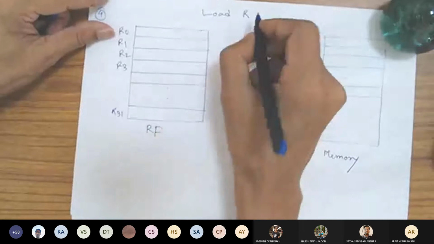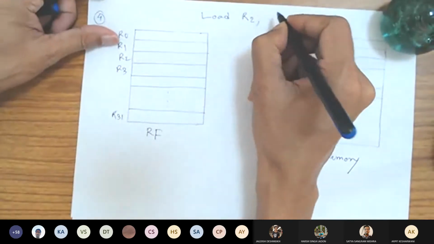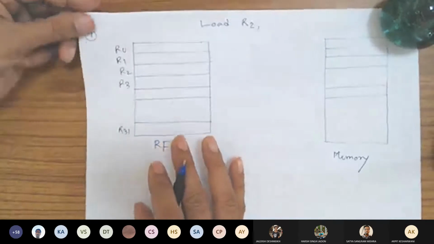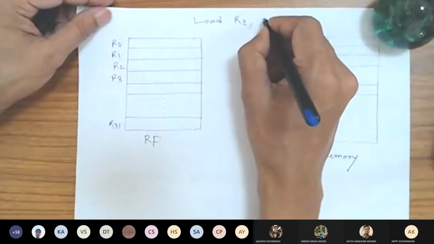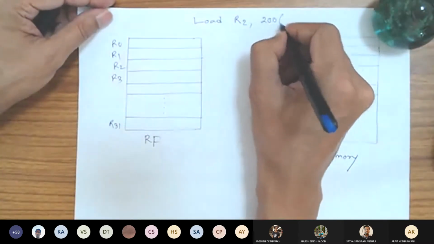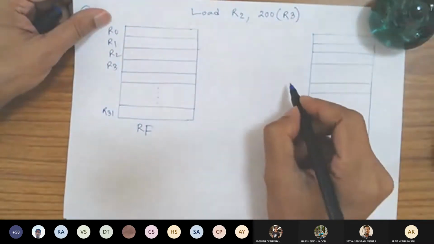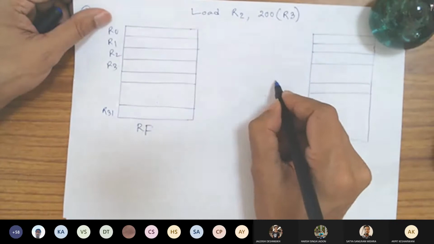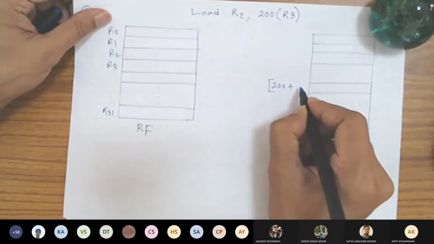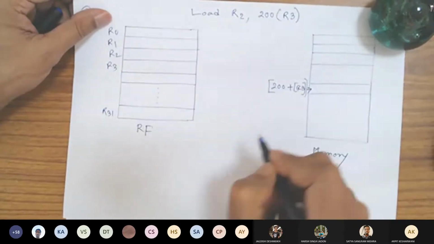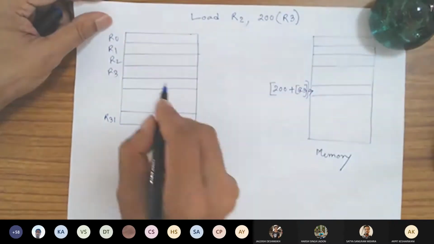I used R2, R3. So load R2, comma, 200(R3). This location is basically 200 plus R3. This location. So what does it do?